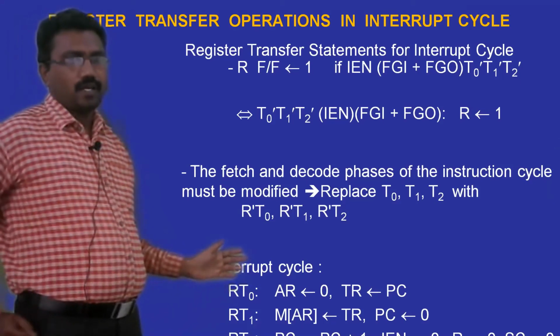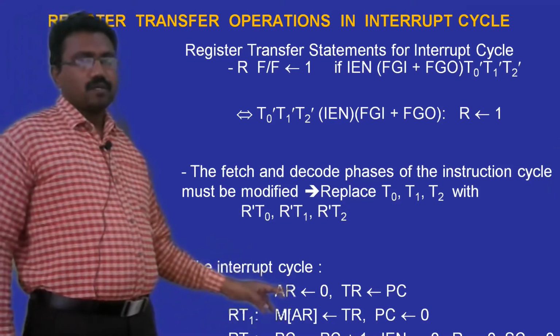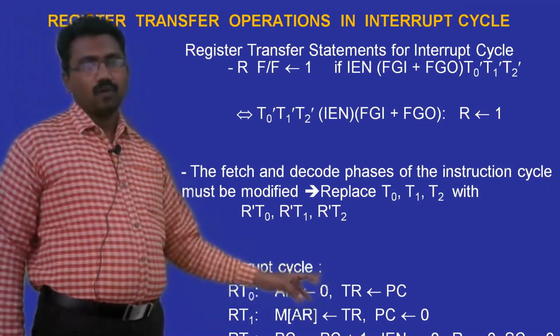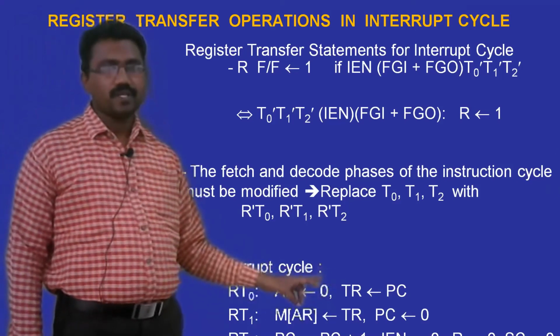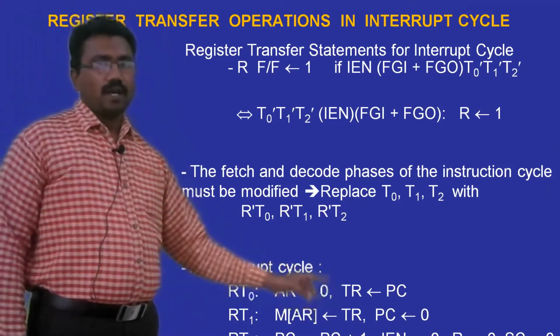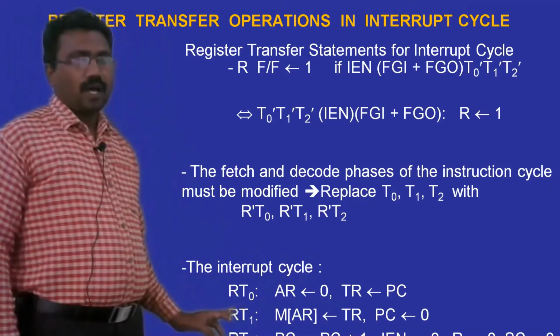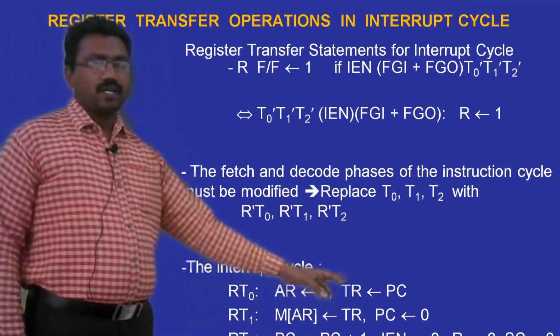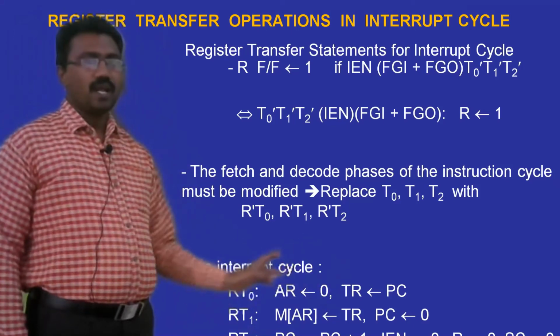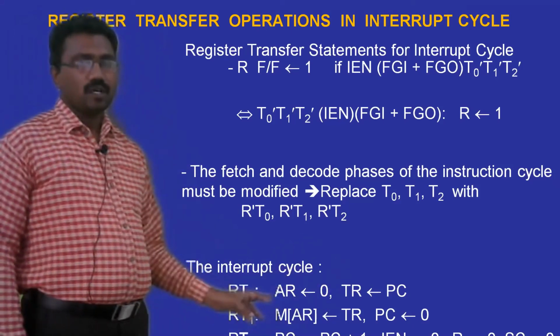RT0: here AR is set to 0 and the PC content is moved to TR. You know, one of the registers in the basic computer is the temporary register, TR. PC to TR. Next RT1. What is PC? The return address. So at time T0 the return address is transferred to TR. At time T1 the return address is stored in M of AR.